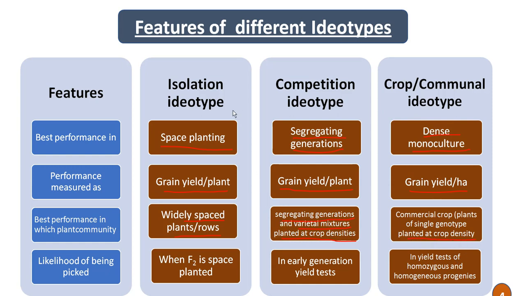And the isolation ideotype is likely to be picked when F2 is space planted. In case of competition ideotype, it is in early generation yield tests, while in case of crop or communal ideotype, it is in yield tests of homozygous and homogeneous progenies. So these are the different features of the different ideotypes.